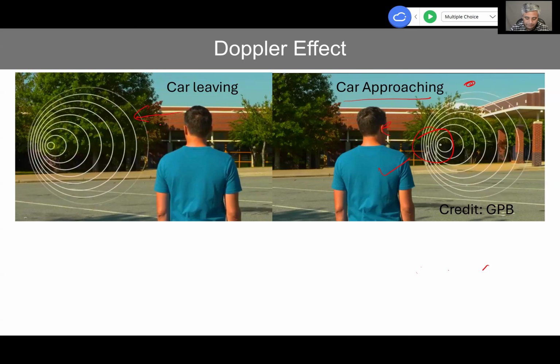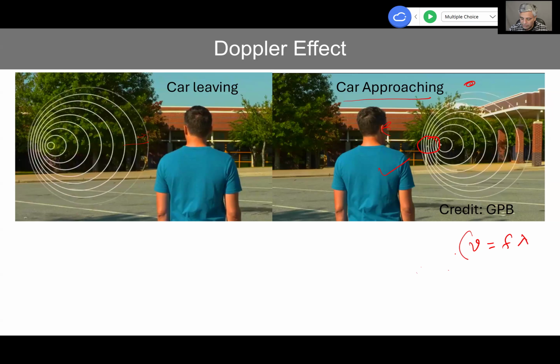When the car is leaving, now you are hearing this part here, means now the wavelength has become longer, so the frequency is now smaller. So wavelength shorter means frequency higher, and wavelength longer means frequency is smaller. They are inversely related, frequency and wavelength, right?